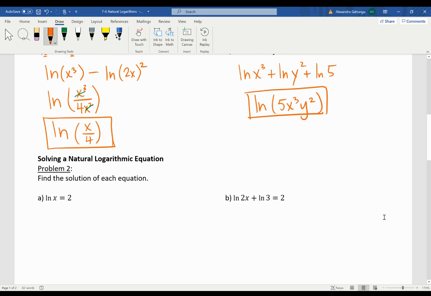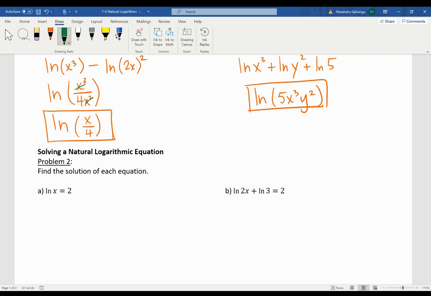And these last 2 are solving. So solving natural log equations, we need to condense first. So if we have more than one log, we got to make sure to write it as a single log first. And then we're going to use our inverse of our natural log, which is the exponential function.